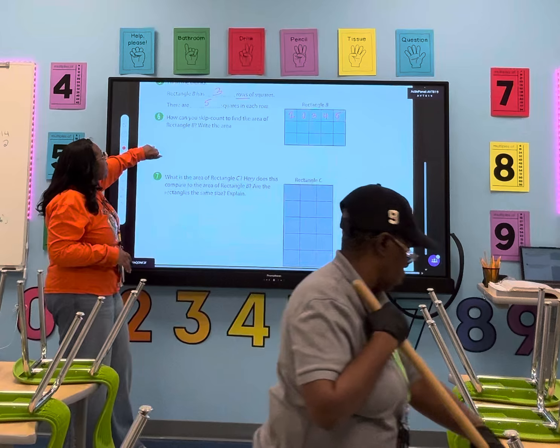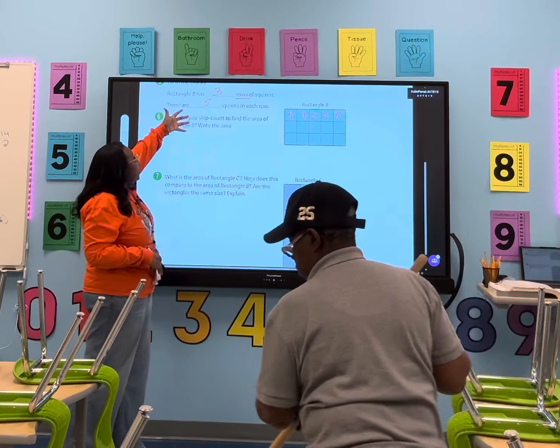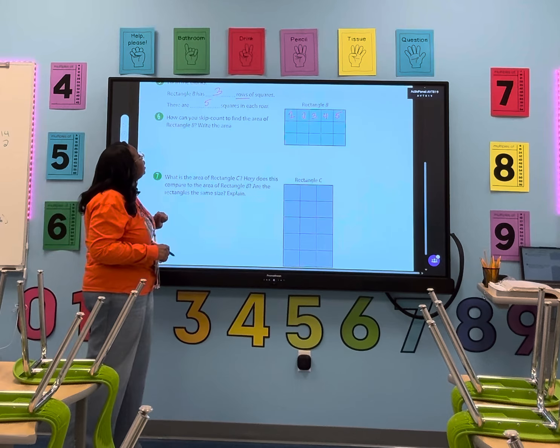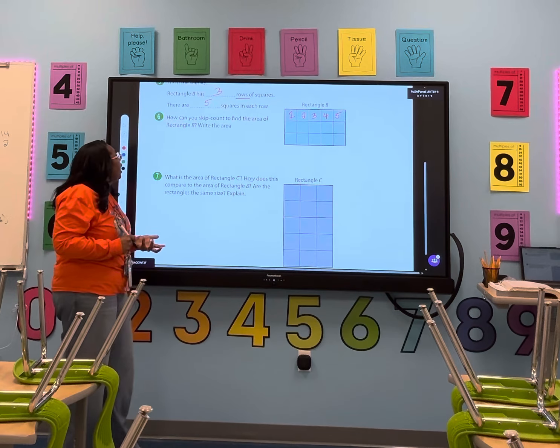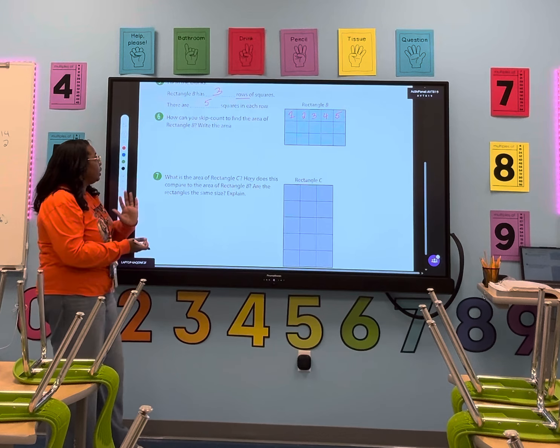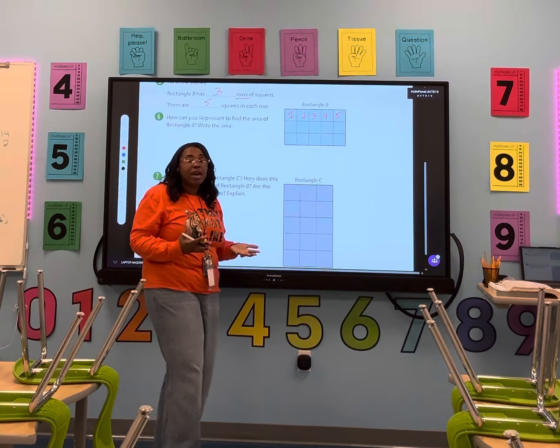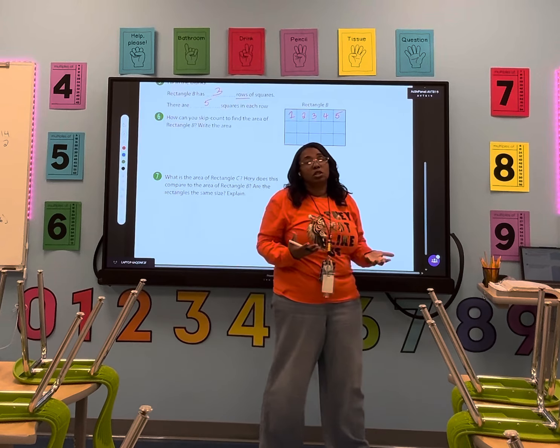Number 6 is actually going to go back to 5 and look at the things that we did in 5. So 6 says, how can you skip count to find the area of rectangle B? Write the area. So if we know that there are 5 in each row, they want us to do a skip count.